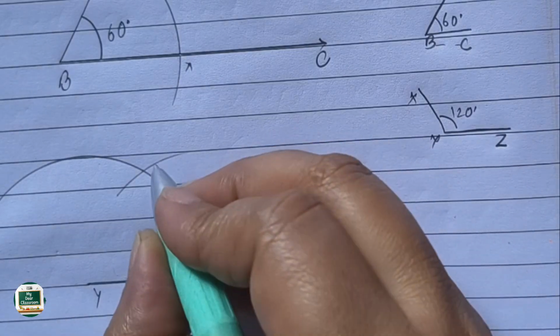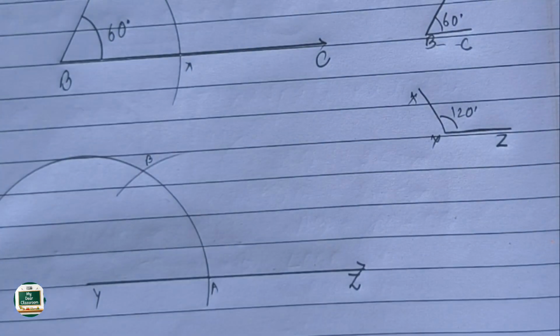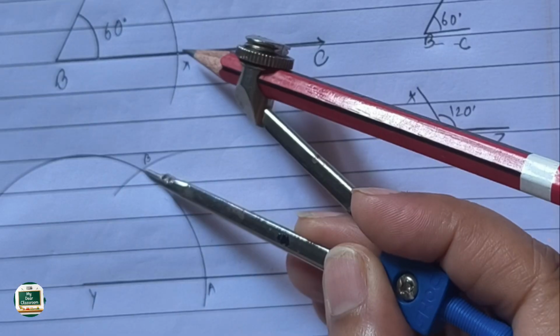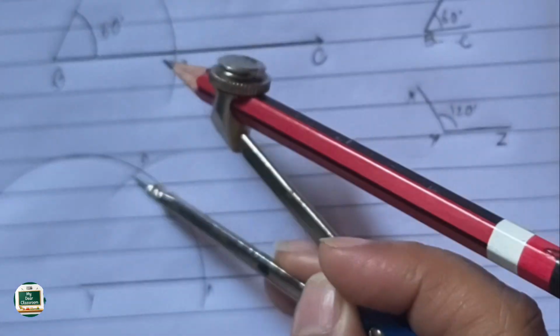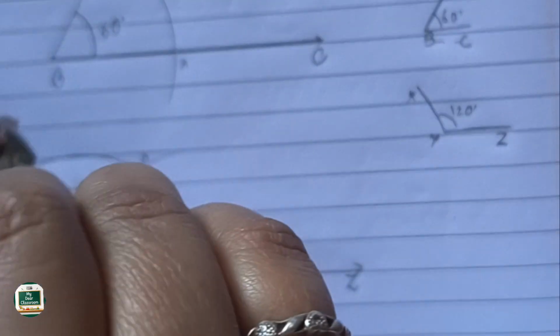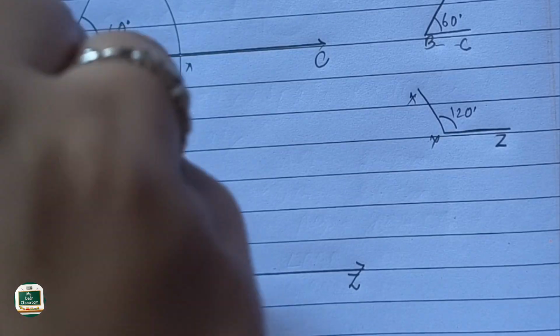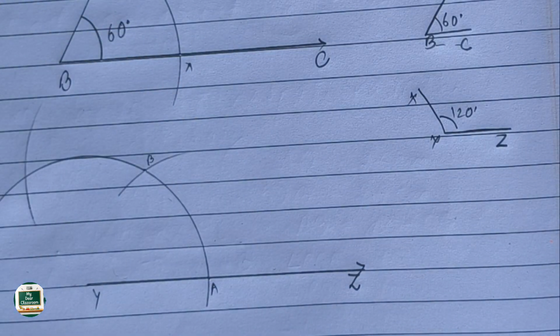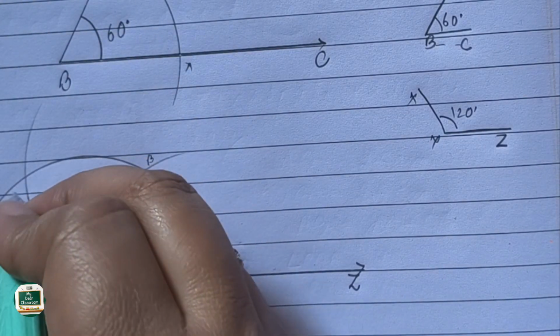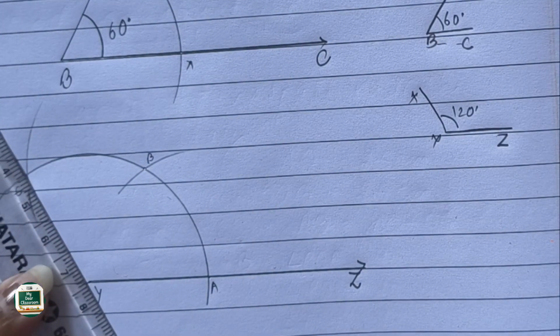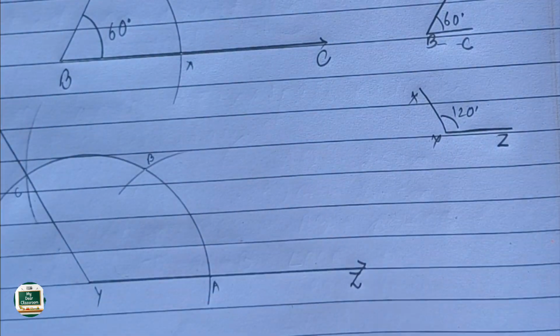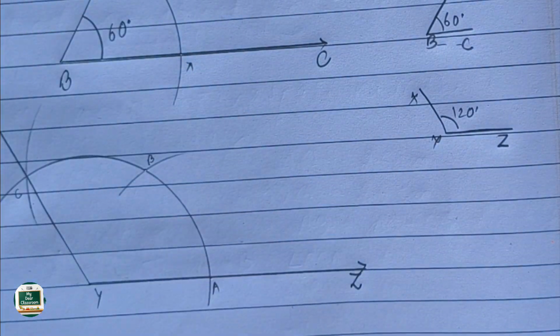Then from pointer B, with the same radius, please focus, with the same radius I will draw another arc. Let's say C. I will be joining C and Y like this.